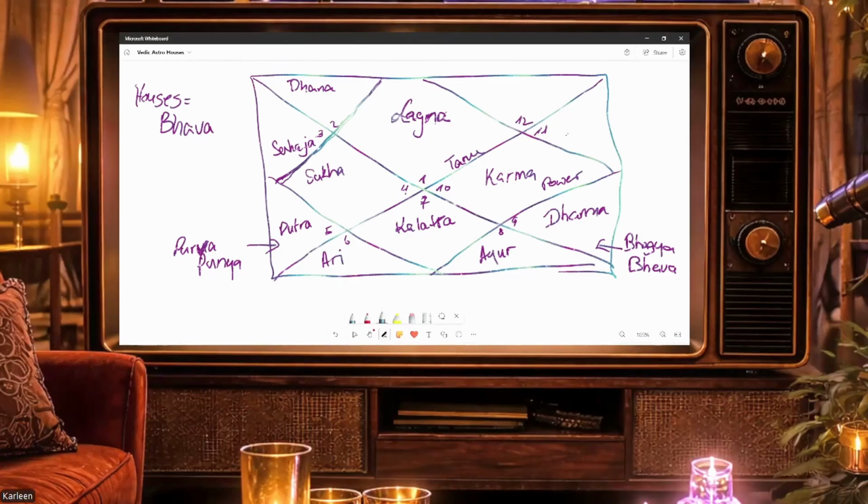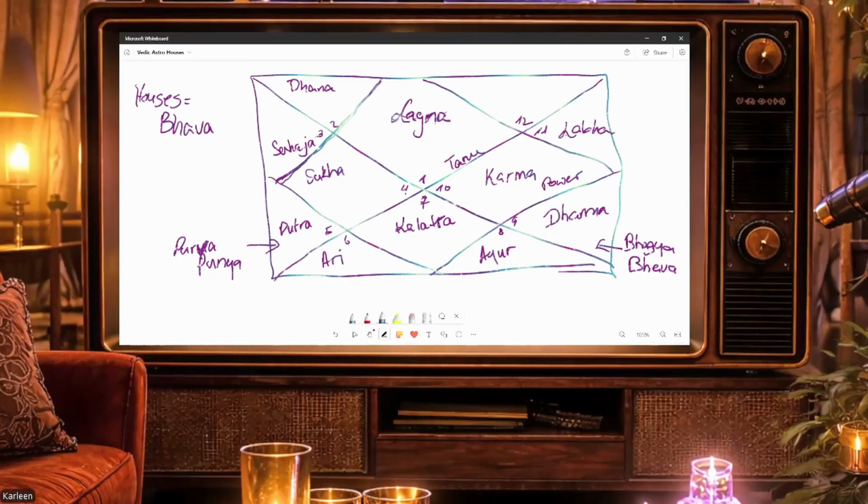The 11th house is called Labha. And this is the house of gains, income, fulfillment of desires, the elder siblings. Remember from the third house where the younger siblings were. And right across from that is the 11th house where the elder siblings reside. And it's considered one of the more beneficial houses. And any planet here tends to give material gains.